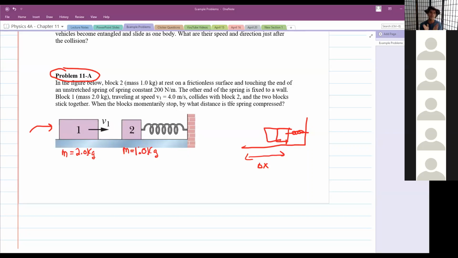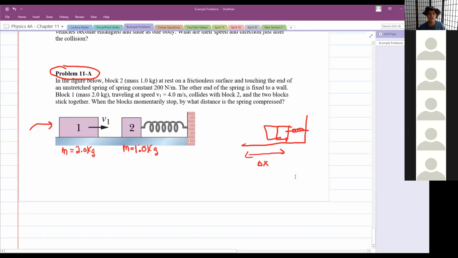So in any collision, the first thing you want to think about is using conservation of momentum. So this is actually a two-step problem. The first step is use momentum conservation. So use conservation of momentum to get the velocity after the collision.